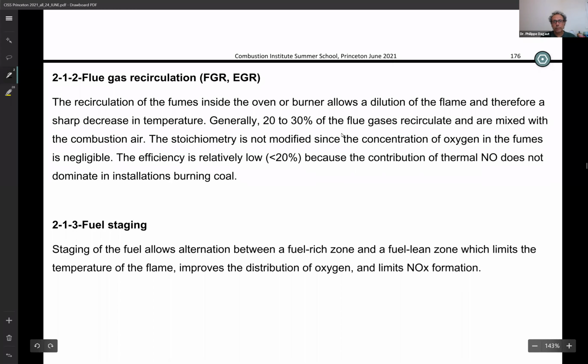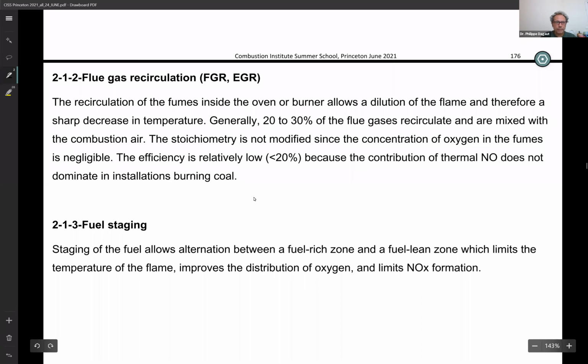This way you can use 20 to 30% of flue gas recirculation. The stoichiometry is not modified since the concentration of oxygen in the fumes is negligible, and the efficiency is relatively low, around 20%, because the contribution of thermal NO doesn't dominate in installations burning coal.